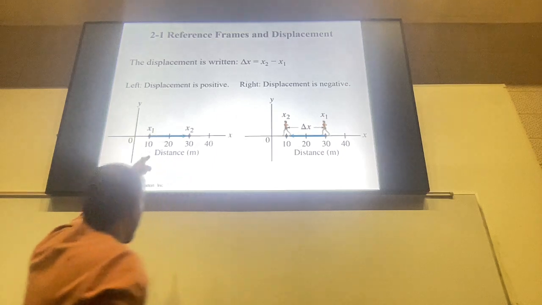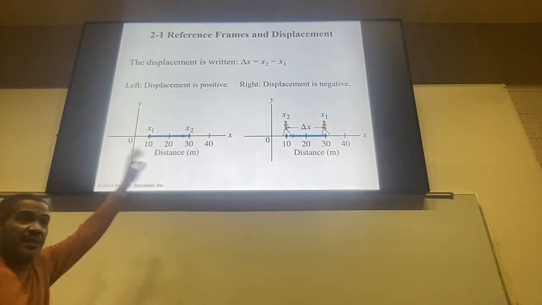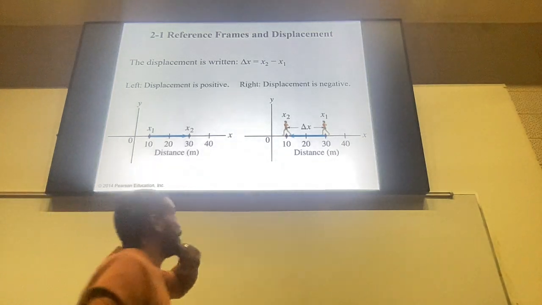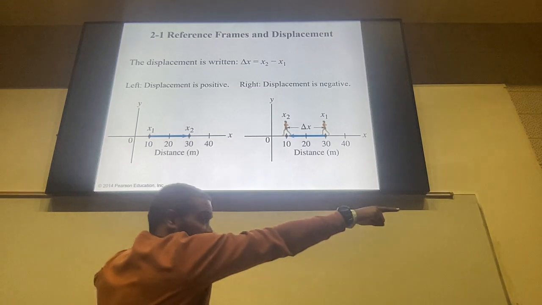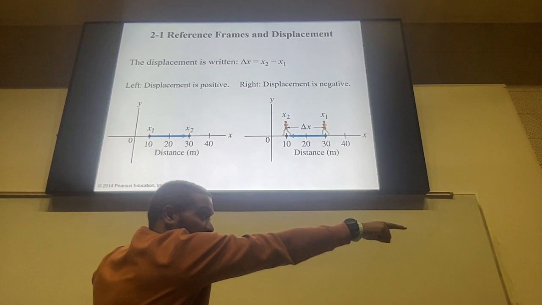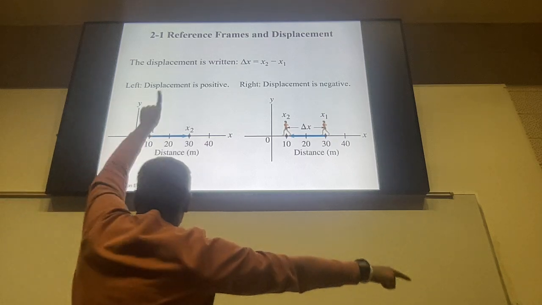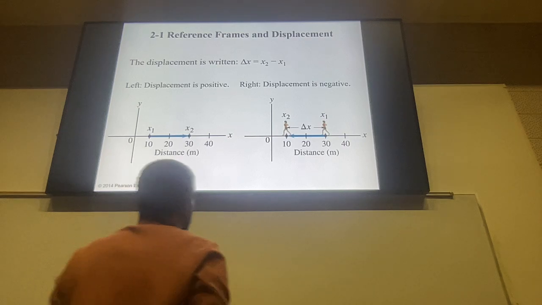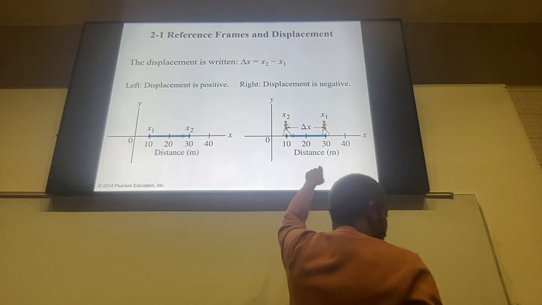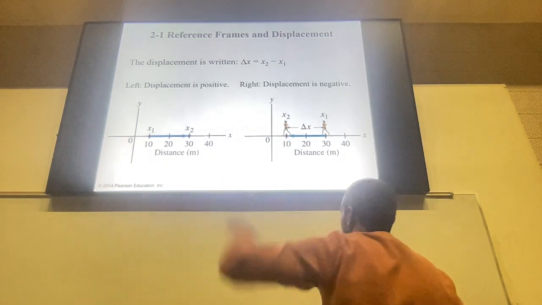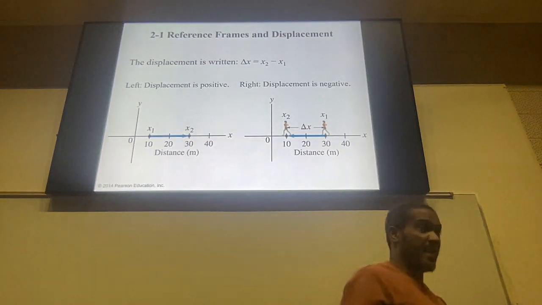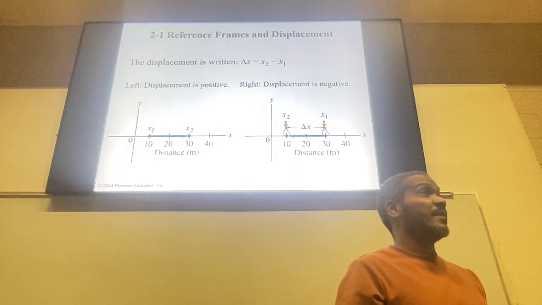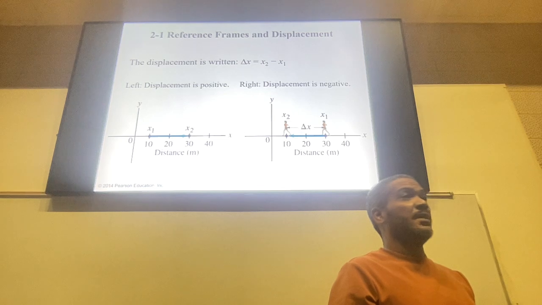So on the left-hand side, the distance is 20, and we're traveling east. East, west, north, south, right? And on the right-hand side, what is this person doing? They're traveling west, right? But they cover the same distance. But they have a different displacement. Yes, indeed.